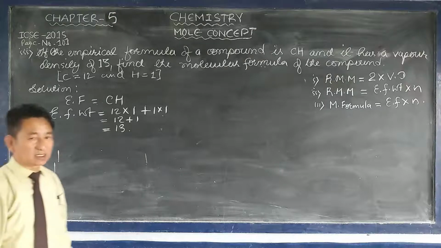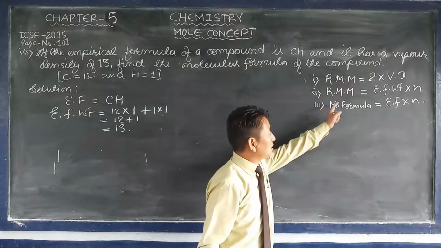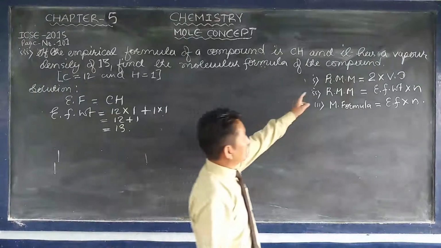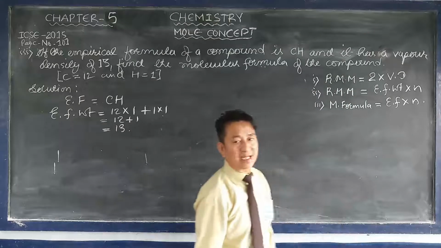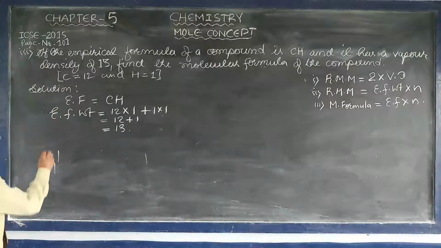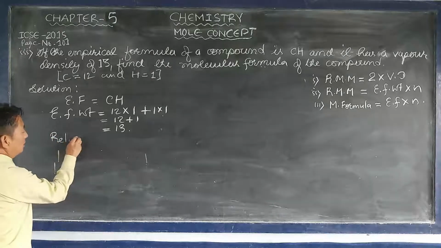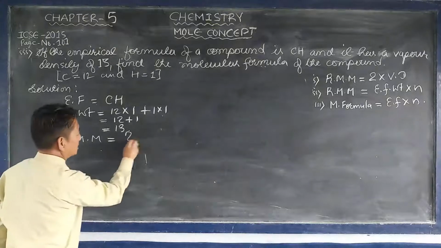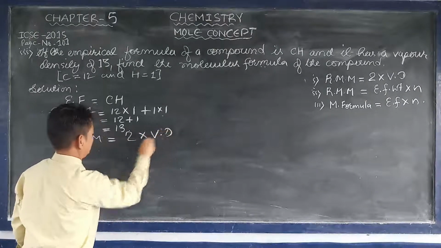Now next, relative molecular mass equals twice its vapor density because vapor density is given here. So relative molecular mass of the compound equals 2 into VD.